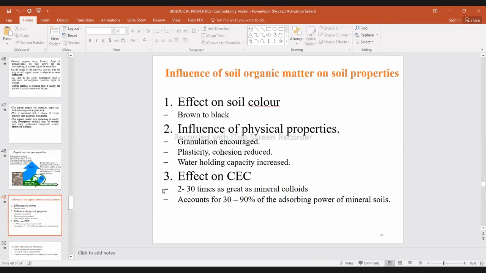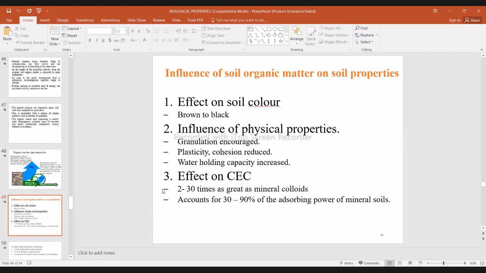We will see the influences of soil organic matter on soil properties, right? It affects the soil color. When the organic matter is high in the soil, the color may be brown to black. It influences physical properties: granulation encouraged, plasticity and cohesion reduced, water holding capacity increased.